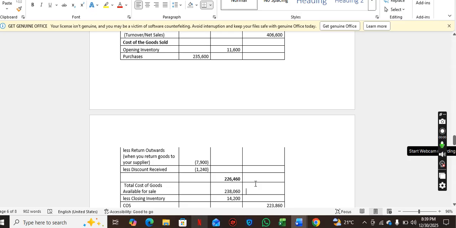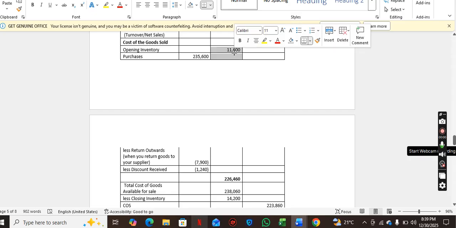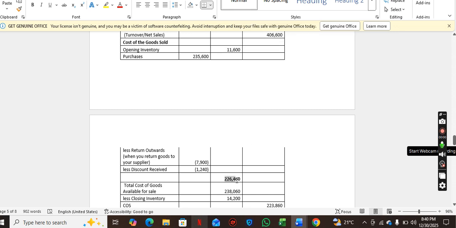So if you started with 50 goods worth 11,600, and then you brought in a total of 200 goods that year worth 226,460, the 250 goods that you had that whole year, their total worth is 238,060 kwacha.